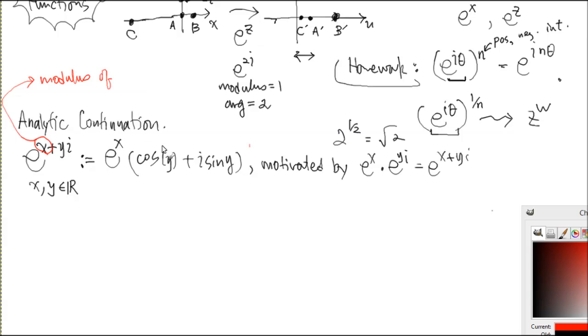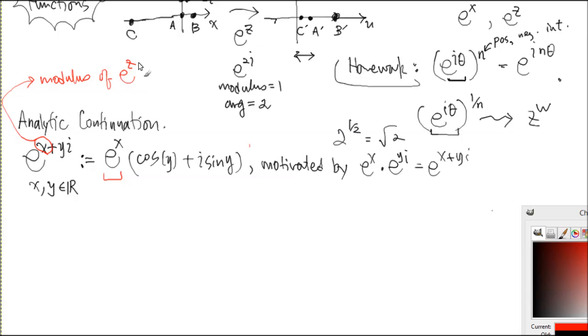If you look at the right hand side, that's exactly the unit circle part, and that's exactly the modulus, is it not? e to the x is a positive number because it's a real exponent. So that x goes directly to the modulus, right? Not involved anywhere in here. So this x is contributing to the modulus of this whole thing. If you're looking at e to the z, what is the modulus of e to the z? That's coming from the real part of the input.